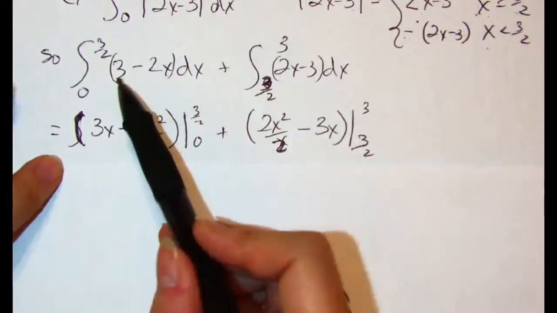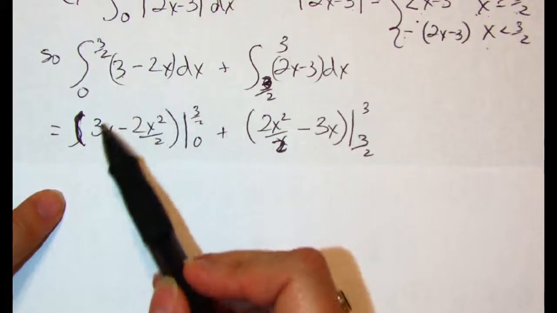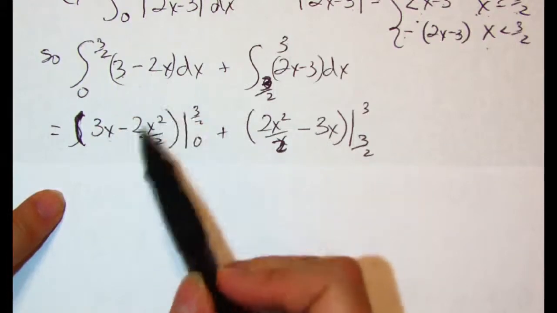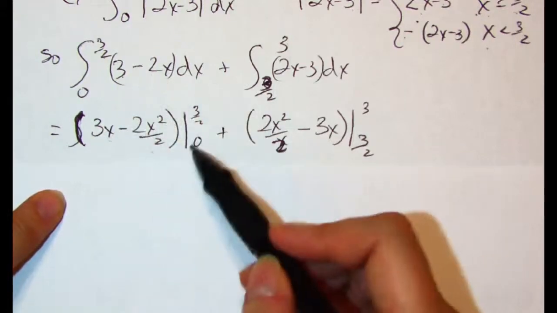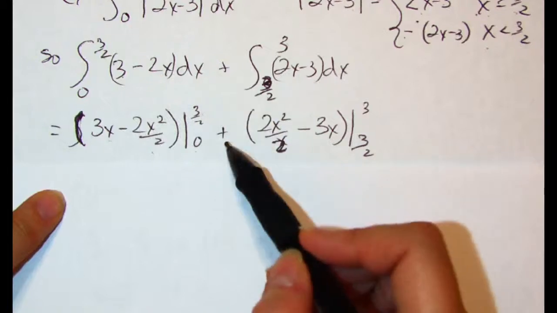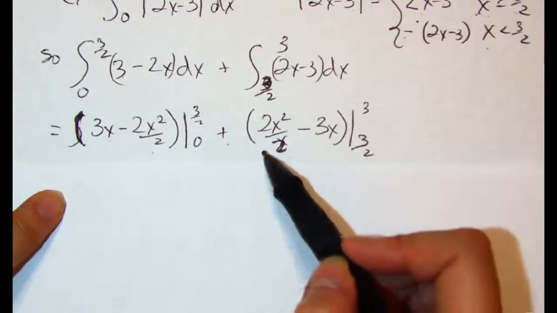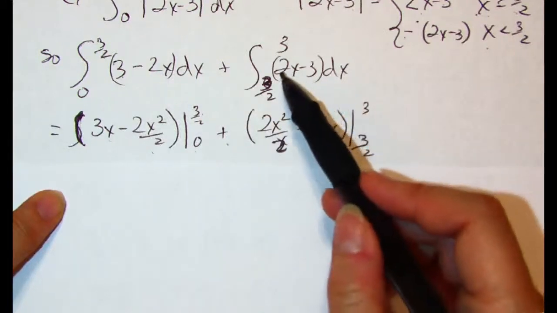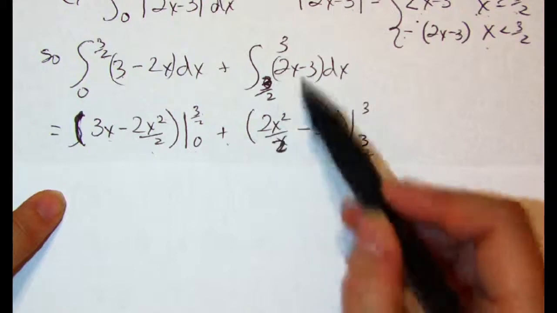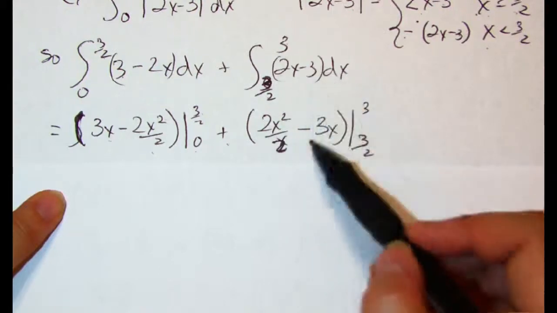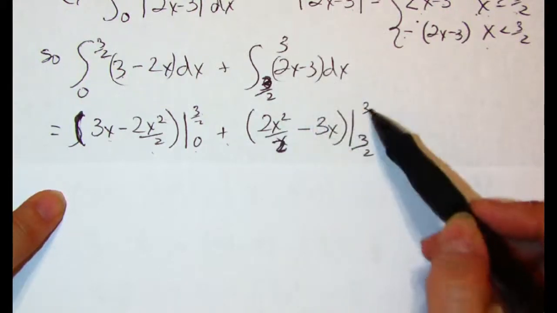So I'm going to take the antiderivative. For 3 it is 3x, minus, for 2x it is 2x squared all over 2, from 0 to 3/2, plus the other piece. So the antiderivative of 2x is 2x squared over 2, minus, for 3 it's 3x, from 3/2 to 3.